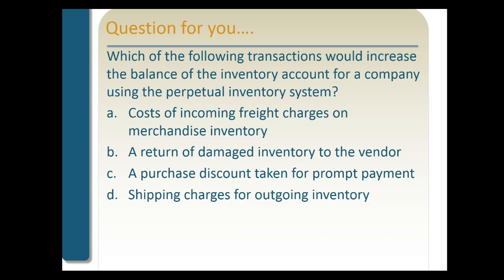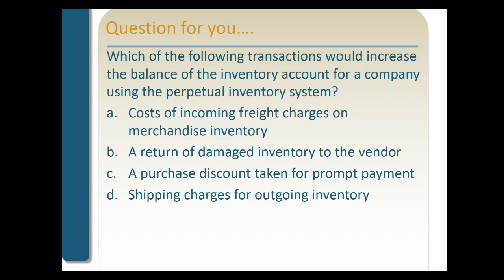Here's a question for you. Which of the following transactions would increase the balance of the inventory account for a company using the perpetual inventory system? A. Costs of incoming freight charges on merchandise inventory. B. A return of damaged inventory to the vendor. C. A purchase discount taken for prompt payment.